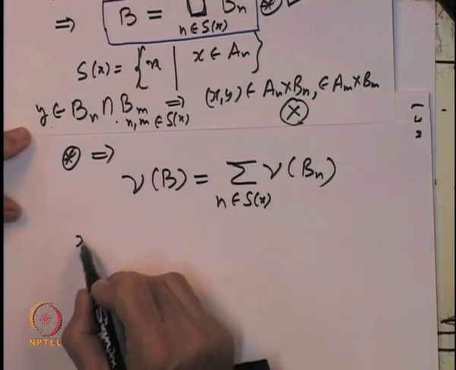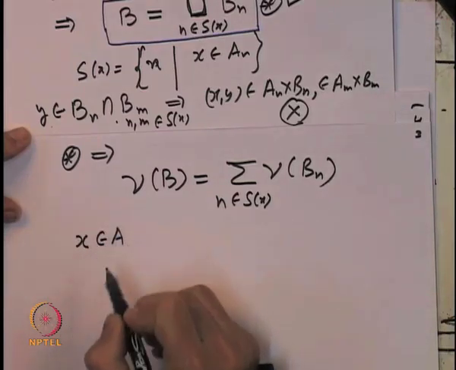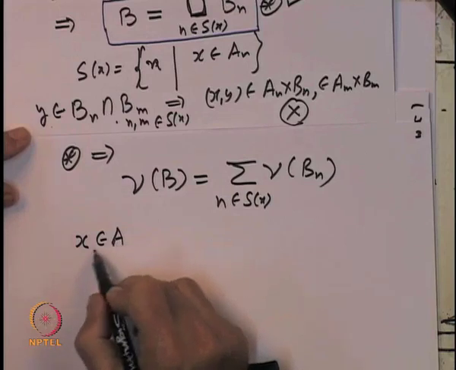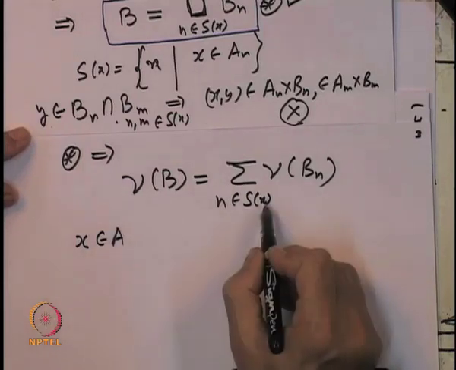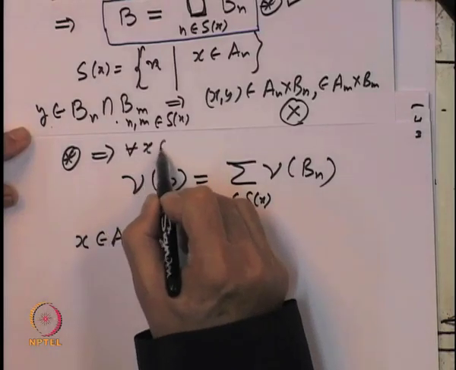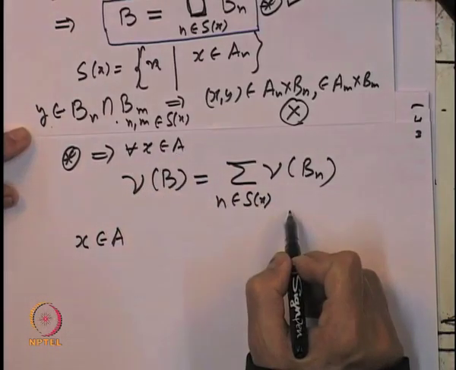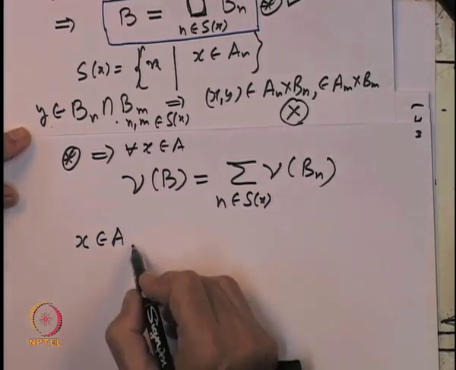What was x? x was a point in A. So, for every x fixed in A, we had this.